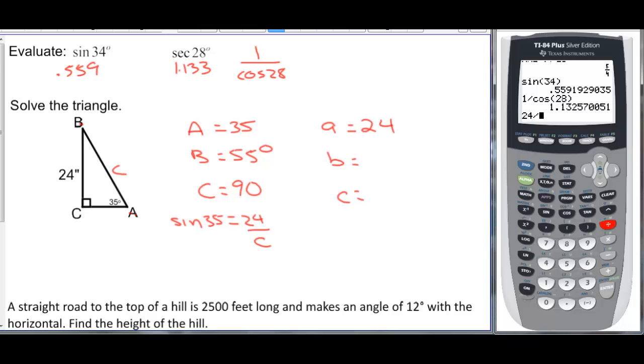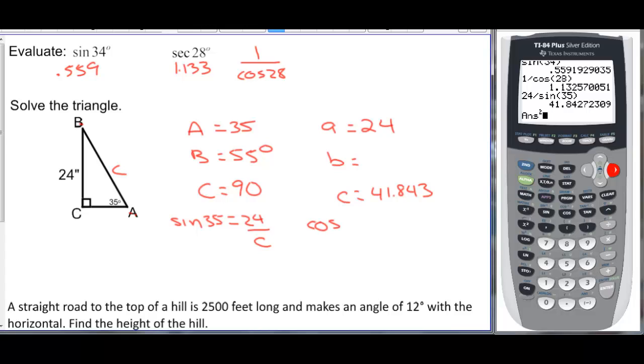24 divided by sine of 35 gives 41.843. That's C. I could probably use cosine also, but I could just square this answer. And then add... oh, no, let's just use cosine. I was going to use the Pythagorean theorem.